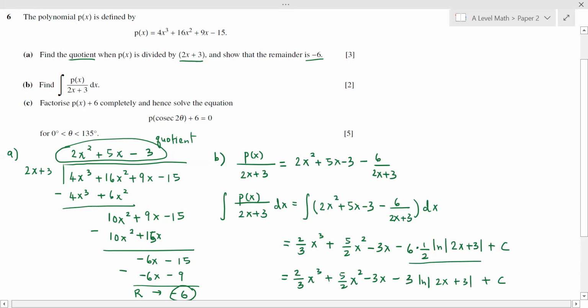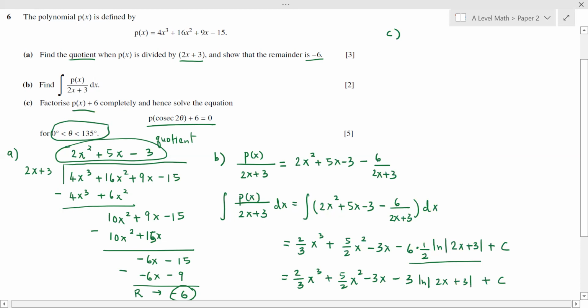Part C, we are to factorize p of x plus 6 completely, and then solve this equation for x between 0 and 135 degrees. Answer is in degrees.